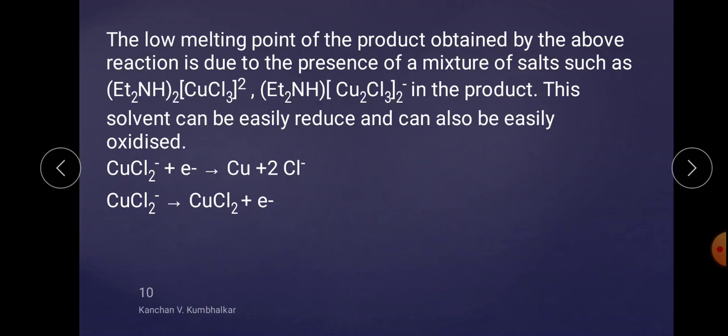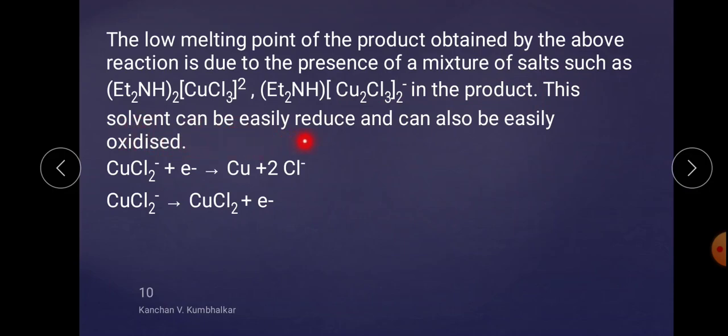The low melting point of the product obtained by the above reaction is due to the presence of a mixture of salts such as EtNH2CuCl2- and EtNHCu2Cl2- in the product.